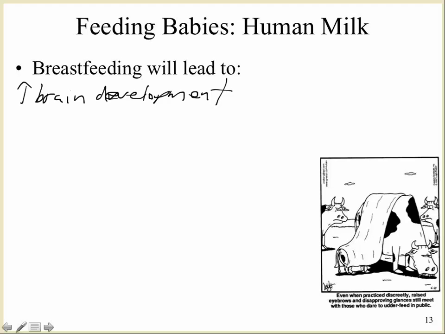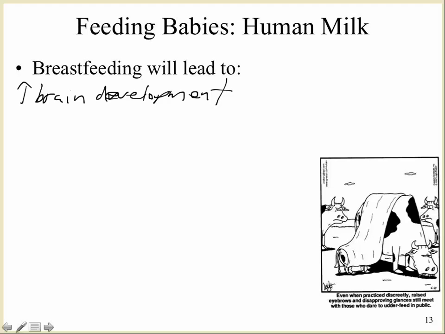A lot of people have looked at this, and a big part of it is the essential fatty acids I talked about, these long-chain fatty acids. Over time we figured out that this was a big factor, and so now most formulas, and I'll show you a picture in a few minutes, actually supplement the formula with these long-chain fatty acids. That has helped reduce that IQ gap or learning gap, but formula is still not breast milk, okay? It's good, but it's still not the same.